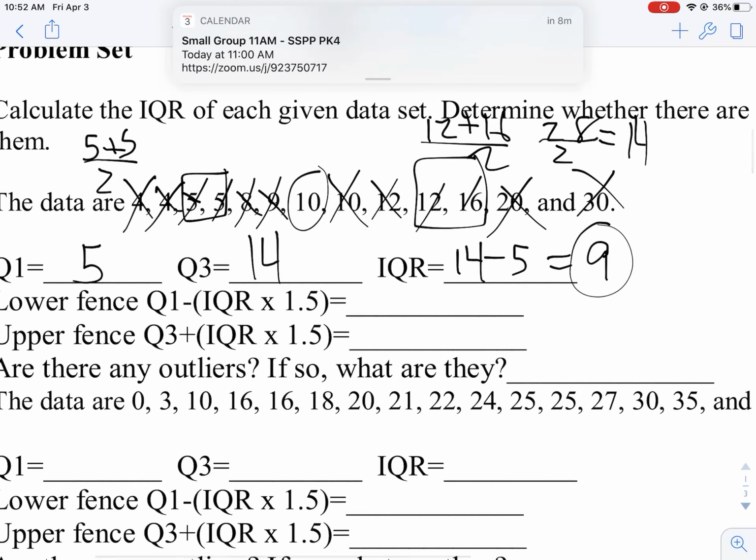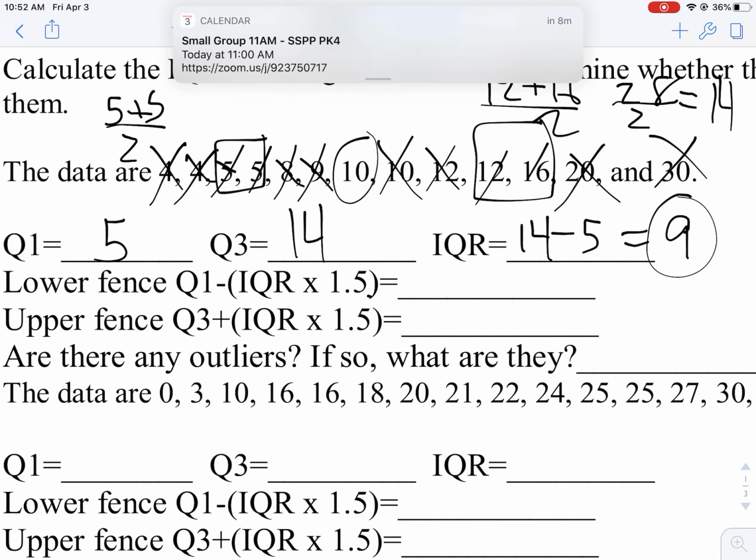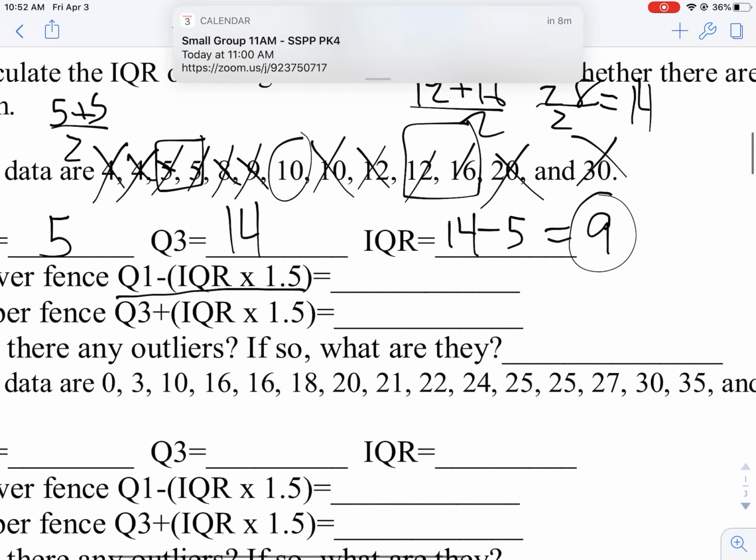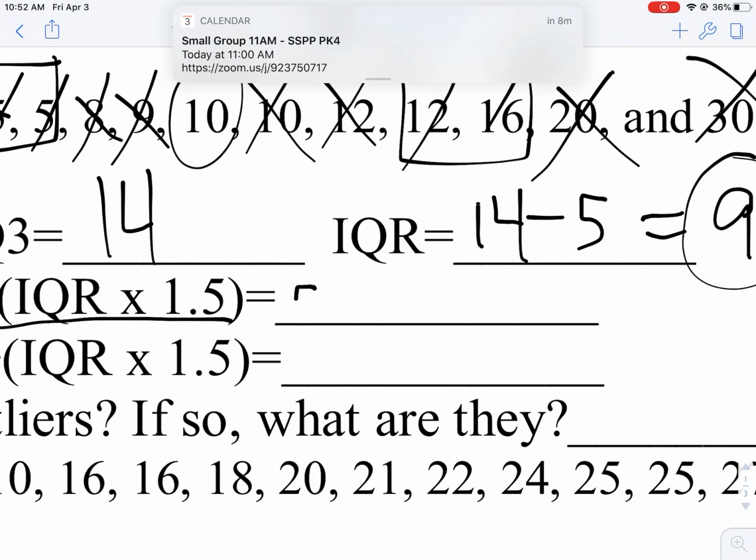So here, this gives us the formula for the lower fence, which goes with Q1. So that's literally what it is. It is Q1 minus the IQR times 1.5. So my lower fence, I'm going to go 5 minus the IQR, which is 9 times 1.5.